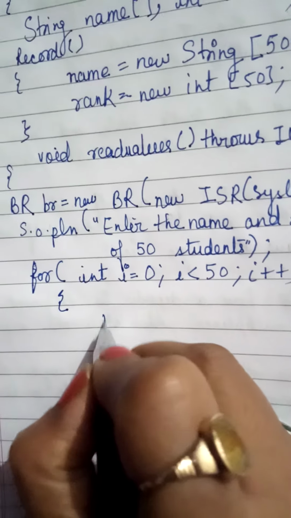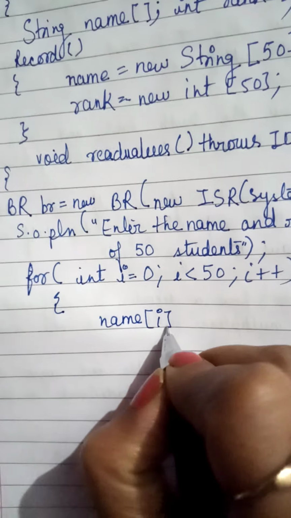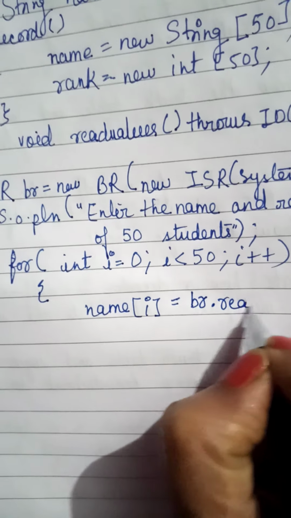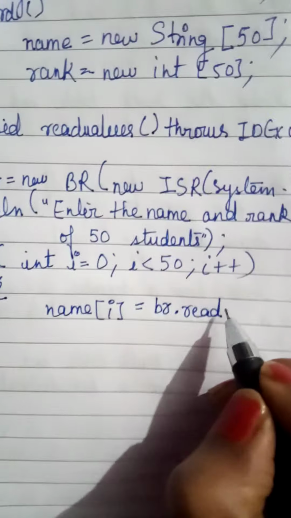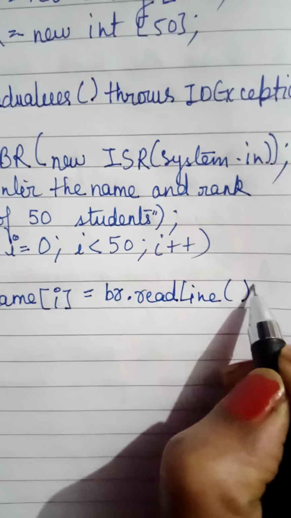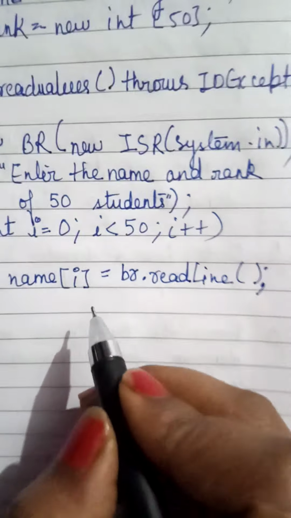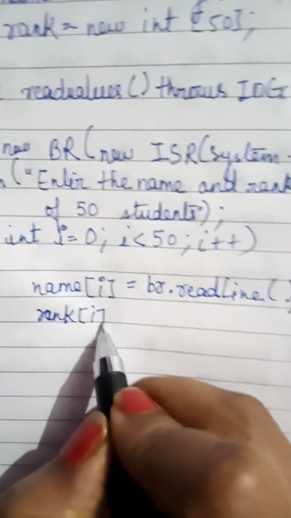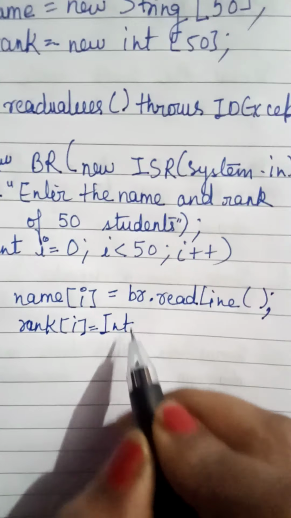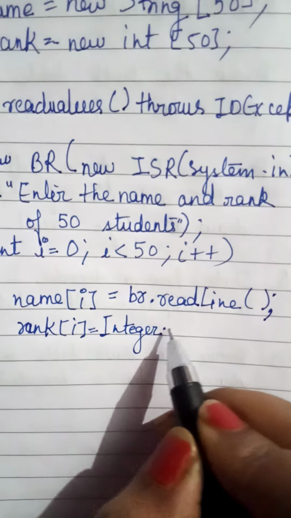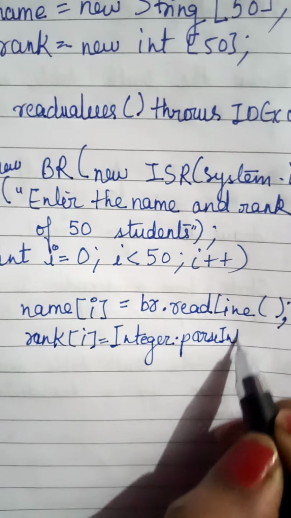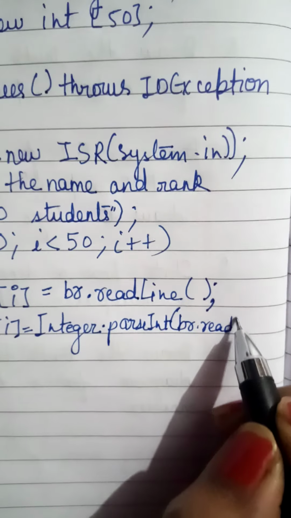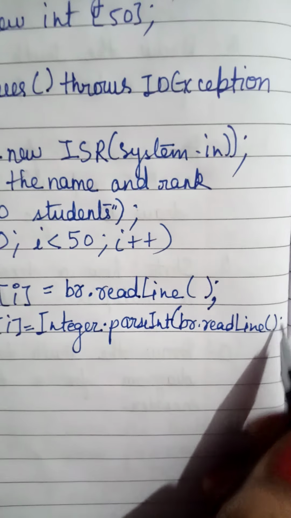Okay, and name[i] equals to br.readLine, and rank[i] equals to, we need to convert to integer, Integer.parseInt(br.readLine).